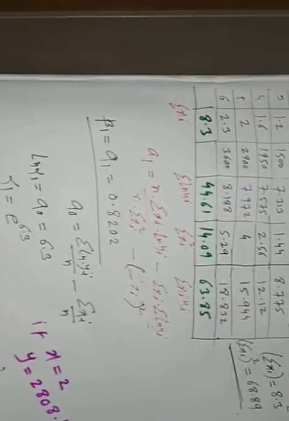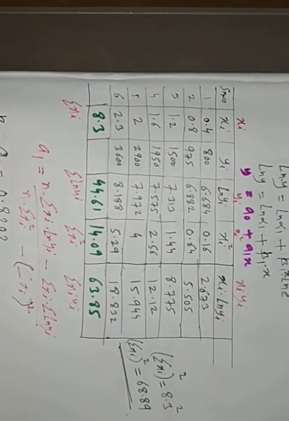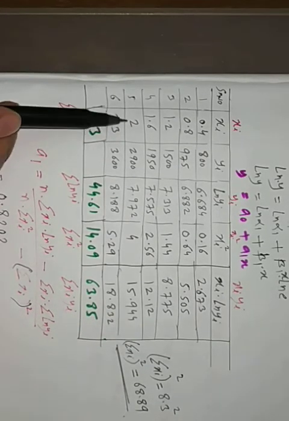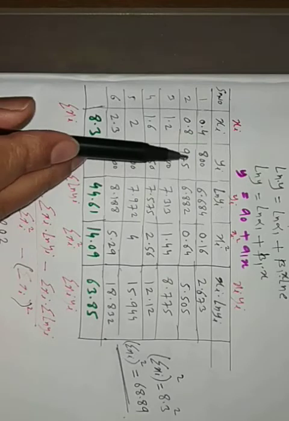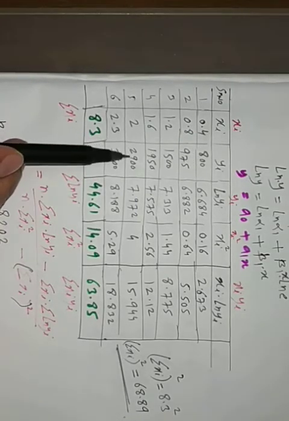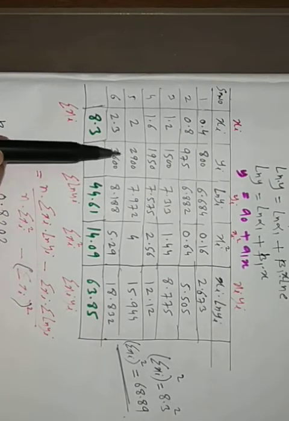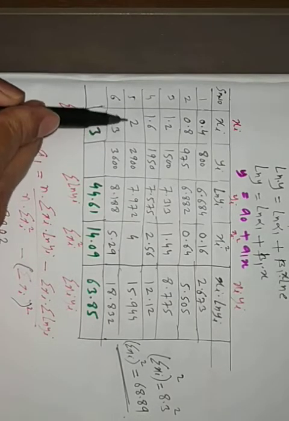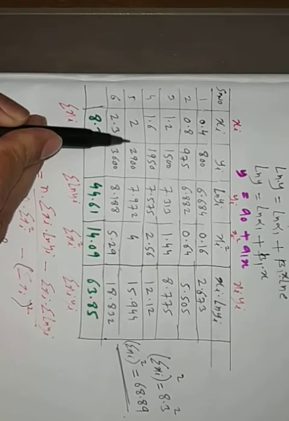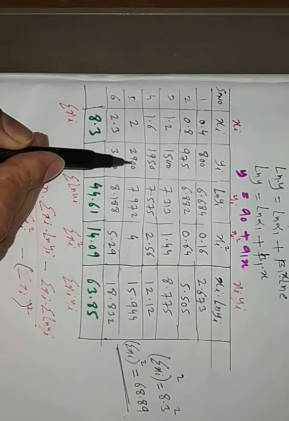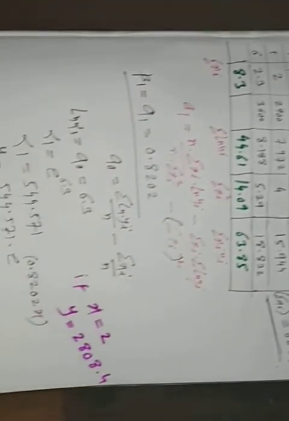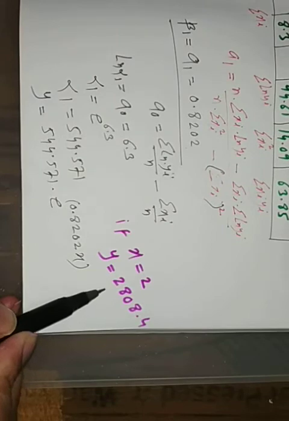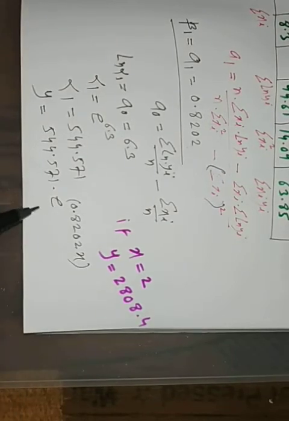Okay, so you look in the table here, the value of xi is 2, and according to given data it is 2900. Okay, so there is slight difference in the value. In this table, this is the measured value 2 and 2900, and this value came from the equation. So this is the value from the model or from the equation.